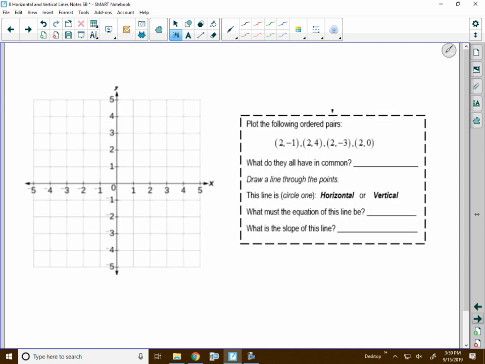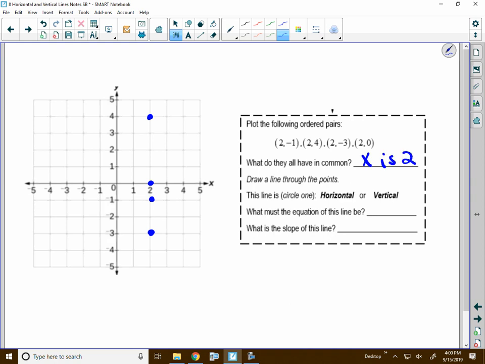Let's take a look at our next one, number 2. It says go ahead and plot the following points. So take a second and do that. Okay, what do they have in common? X is 2 for each of those.